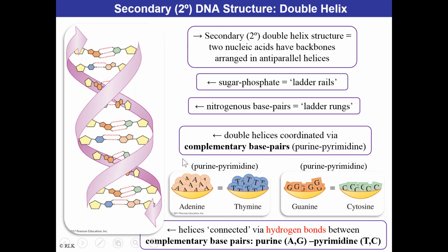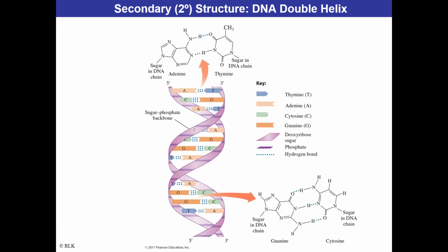Again, these helices are connected via hydrogen bonds between base pairs, which consist of a purine and a pyrimidine nitrogenous base. If we were to talk about the DNA double helix, you could take another example of this, and you could either write it with respect to the skeletal structure, or you could show this in a cartoon with ribbons, and then you could just highlight that nitrogenous base pair, because really that's the difference amongst these different N groups, right?